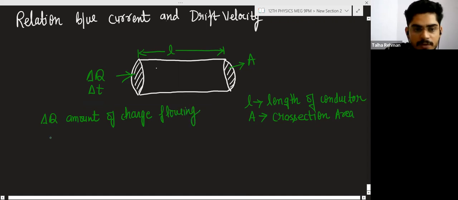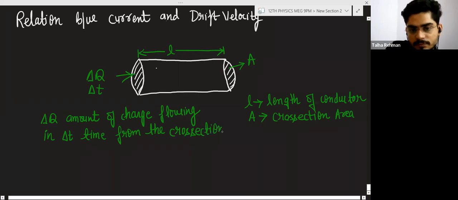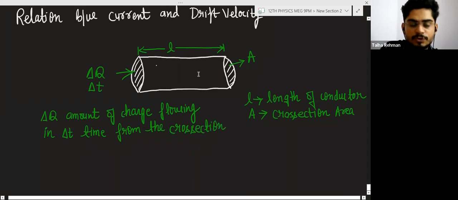We know the current will be delta Q by delta t.